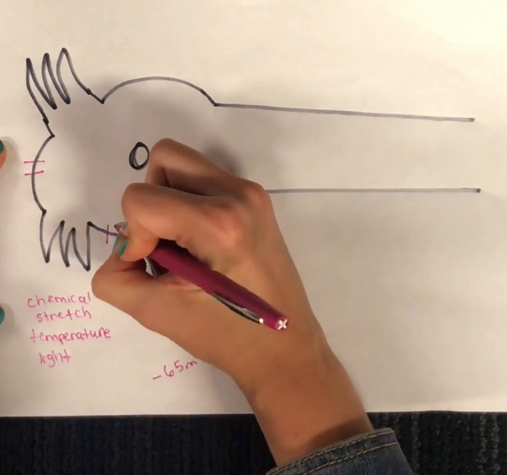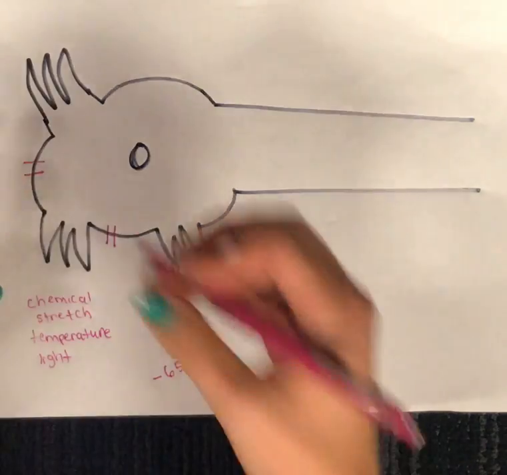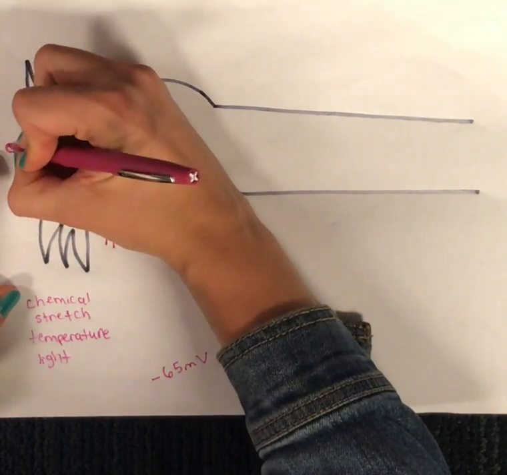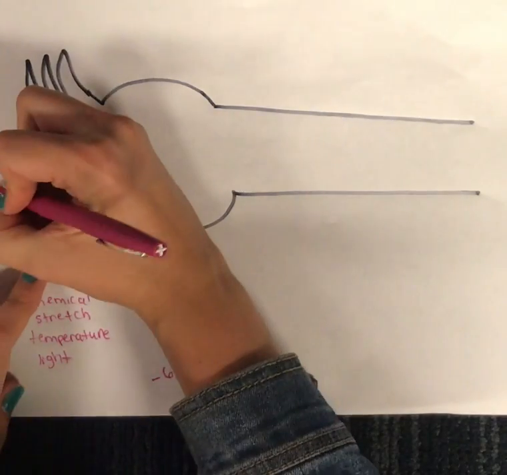So in a neuron, let's say there are chemical receptors embedded within the membrane of the soma, and some sort of ligand binds to the chemical receptors and causes their conformation to change such that they open and allow sodium inside.